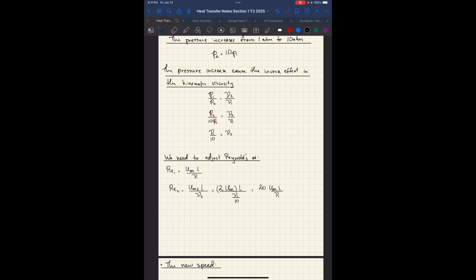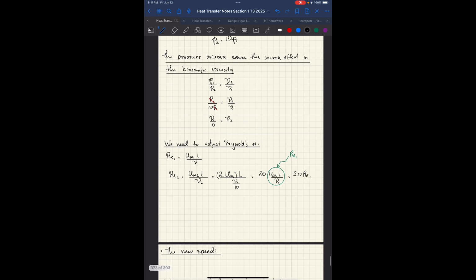Well, if you notice, this is basically your previous Reynolds number. So basically the new Reynolds number is 20 times the old one. That just simplifies your life a little bit. So Reynolds number 2 is basically 20 times 40,000, and this becomes 8 times 10 to the 5.